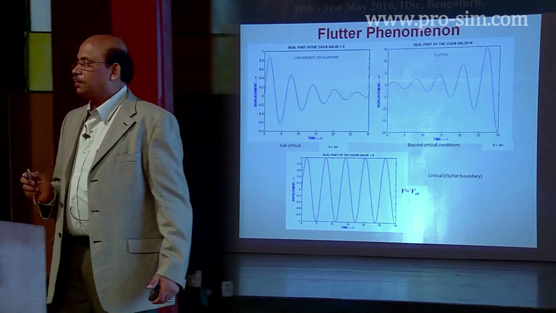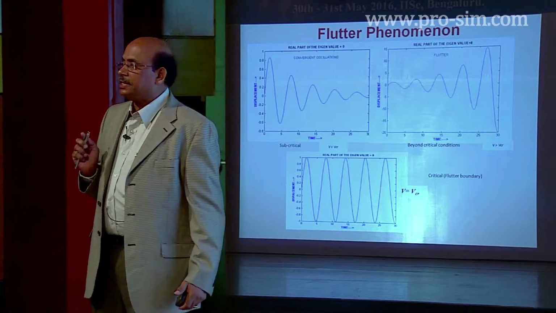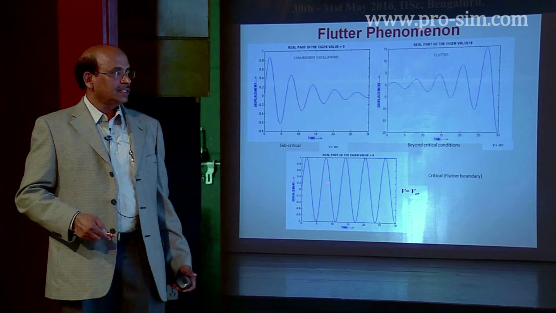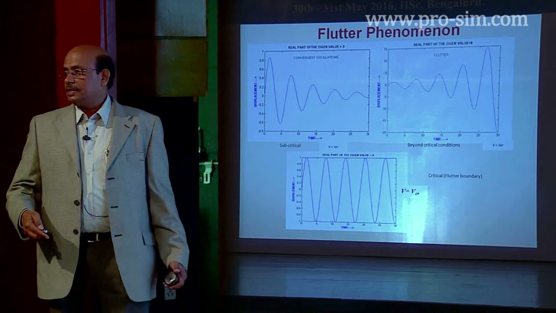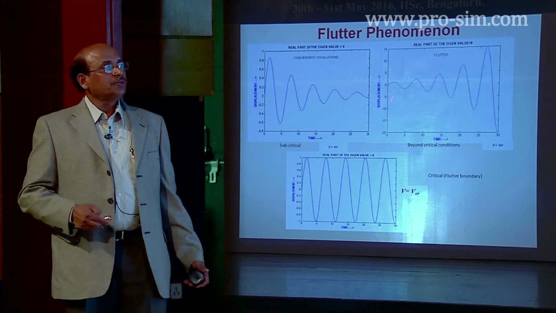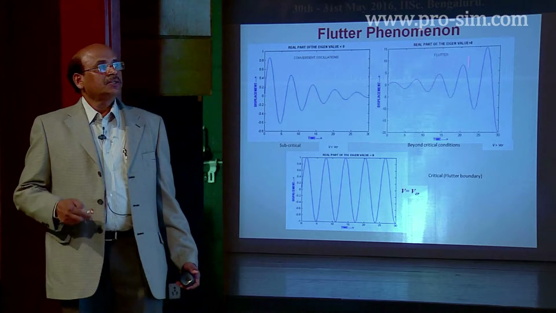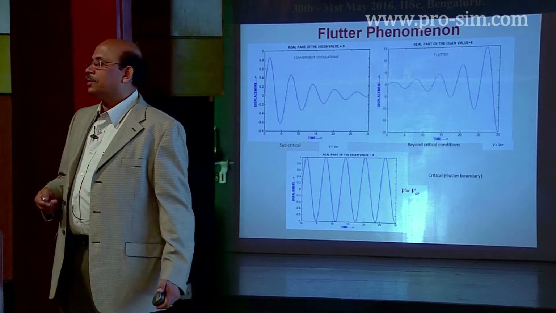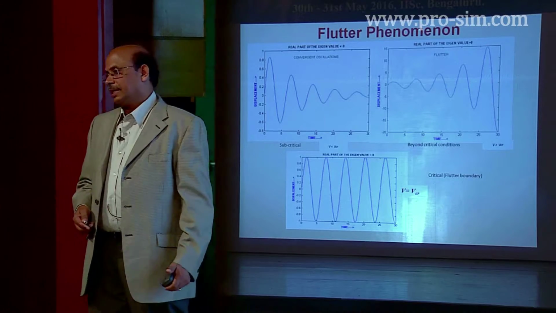Then at flutter condition, a constant amplitude vibration is going to set in. It is going to be something like this. And beyond the flutter speed, there is going to be an increased amplitude of vibration. That is going to lead to a catastrophic failure of the aircraft.